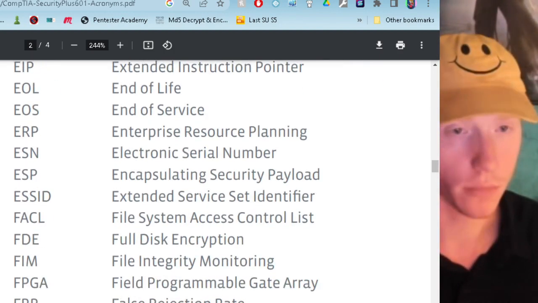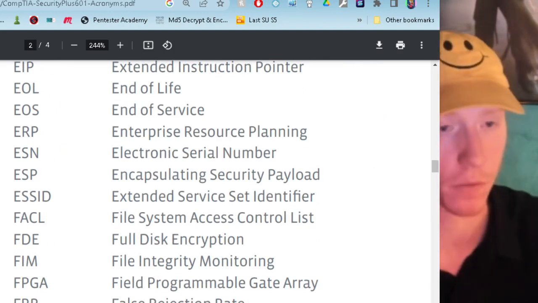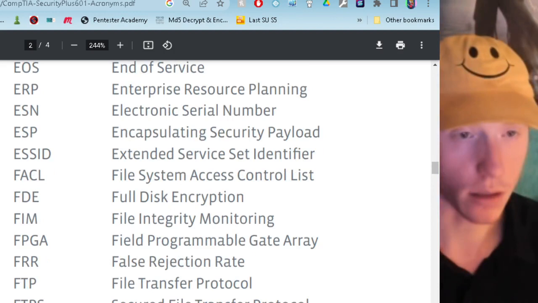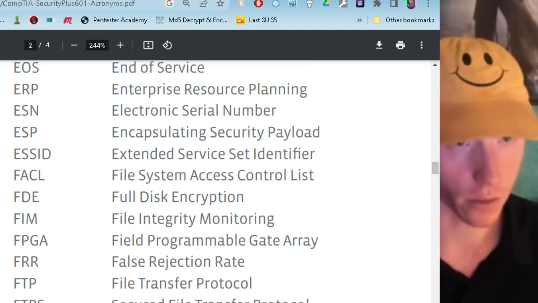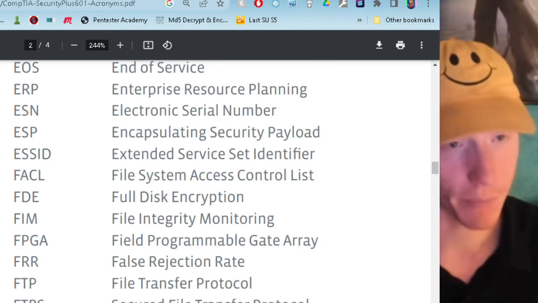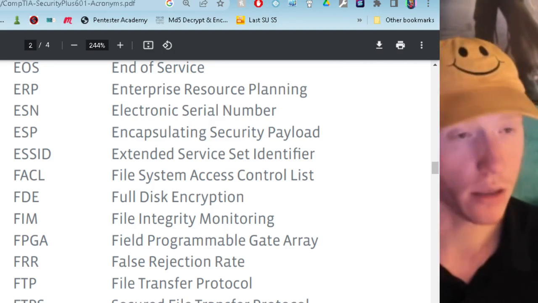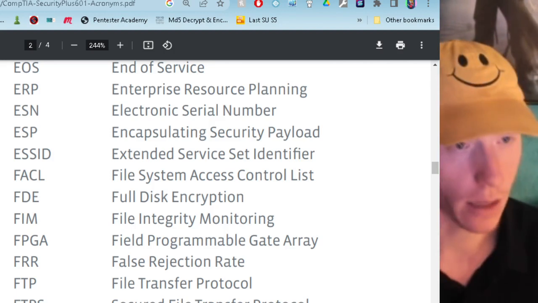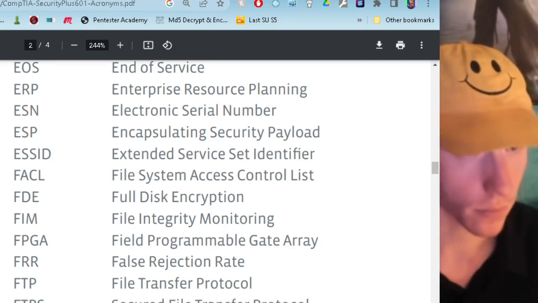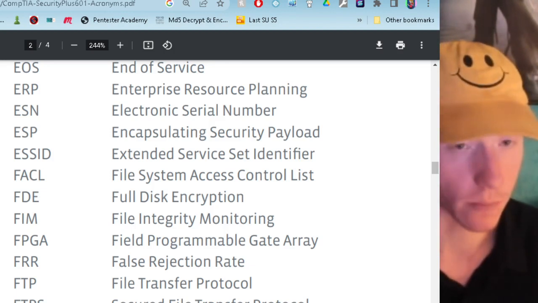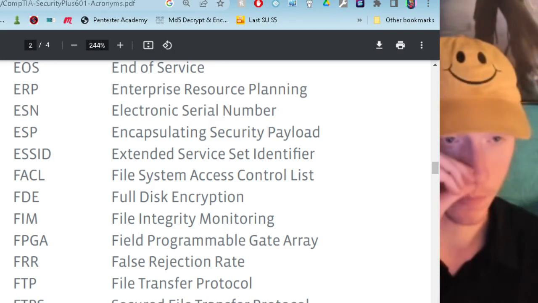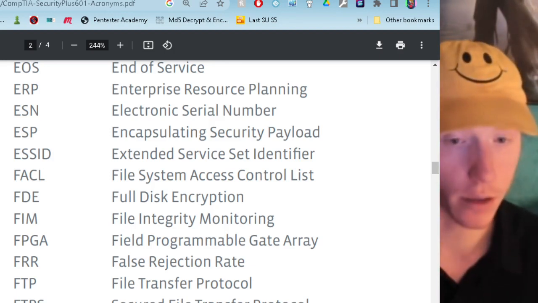EOL, End of Life. EOS, End of Service. ERP, Enterprise Resource Planning. ESN, Electronic Serial Number. ESP, Encapsulating Security Payload. ESSID, Extended Service Set Identifier. FACL, File System Access Control List, an ACL for the file system.